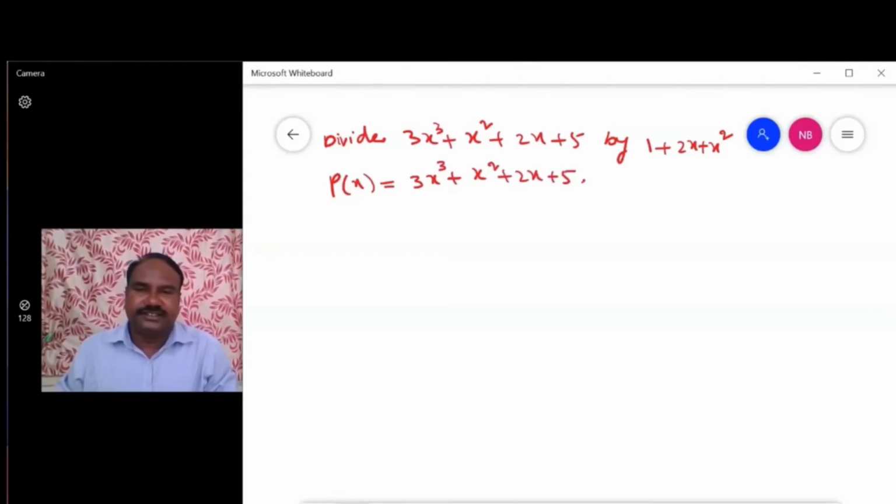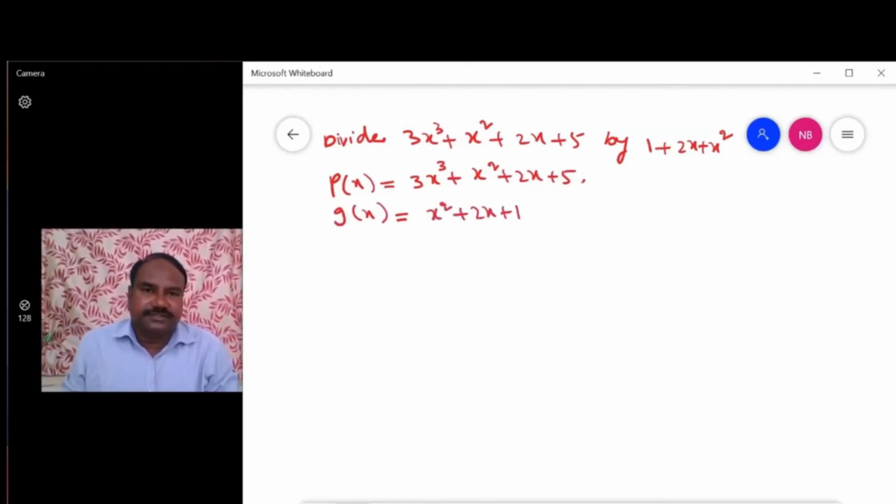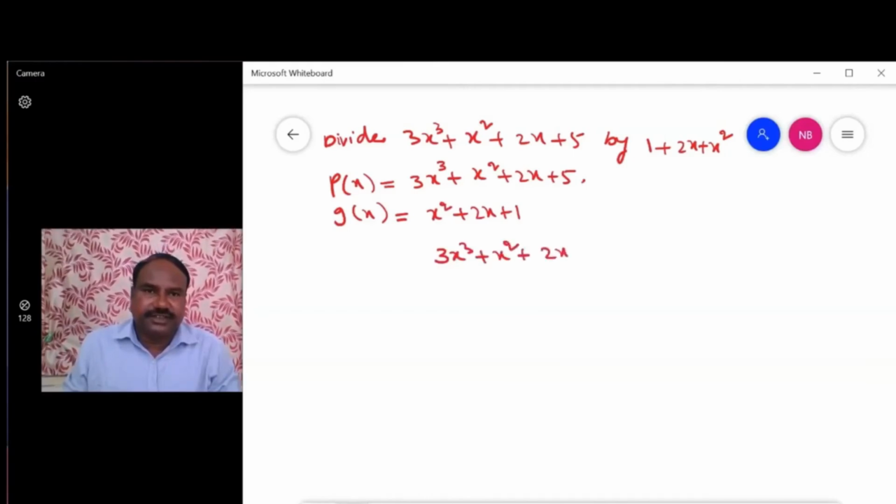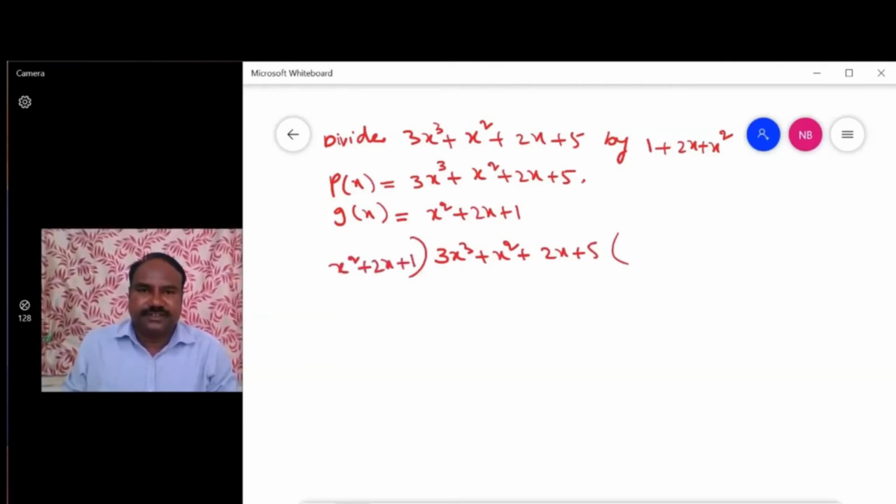Now let us write this g of x, nothing but the divisor. It is not in the descending order, so we will write it like this, x square plus 2x plus 1. Now let us do this division, 3x cube plus x square plus 2x plus 5 divided by x square plus 2x plus 1.